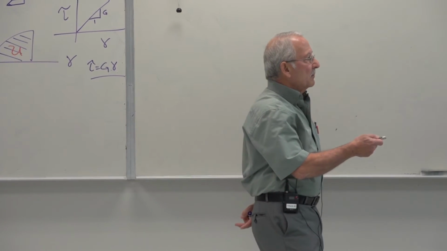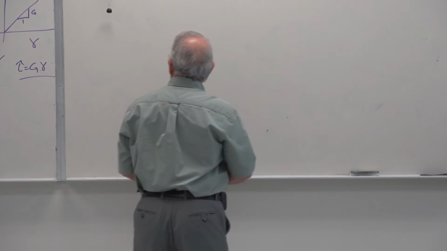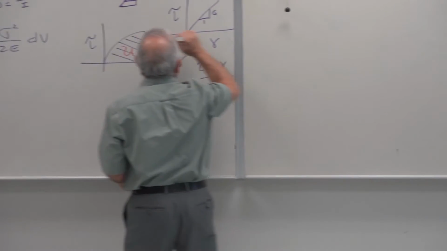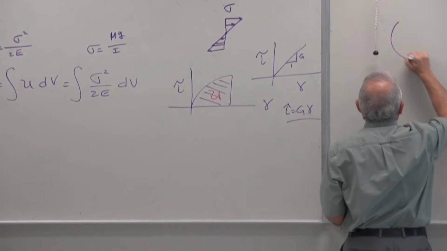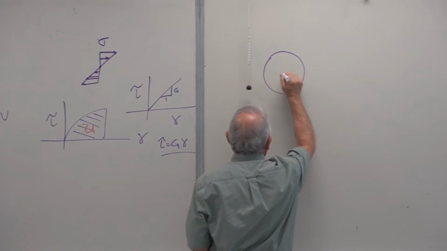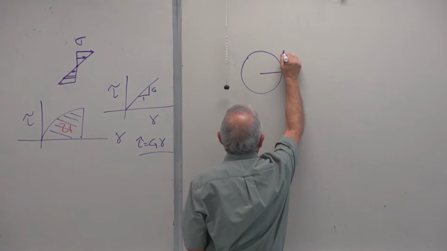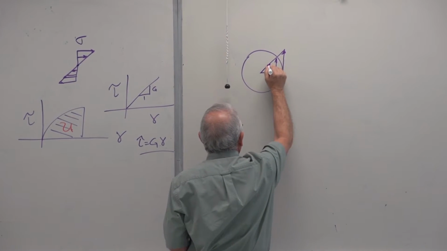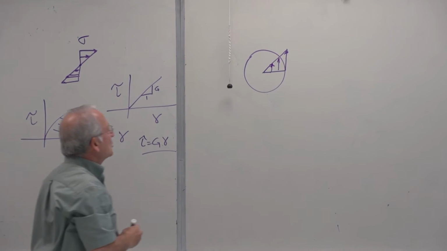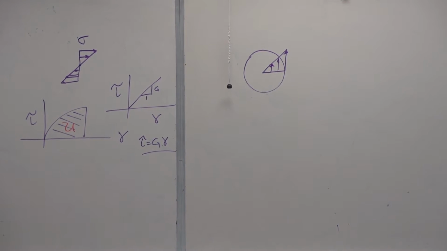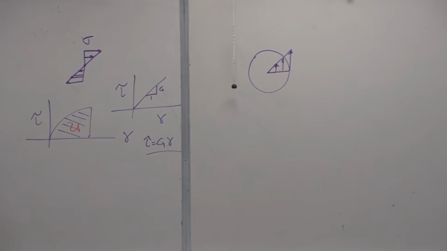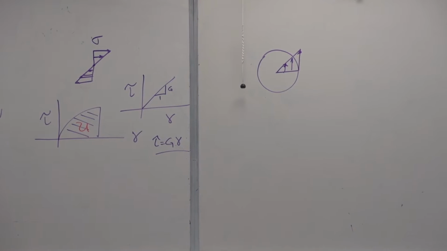So this tau ranges from 0. This was your sigma in bending. That's tau in torsion, starting from 0 at the center of the shaft, for example, and going out to its maximum value.